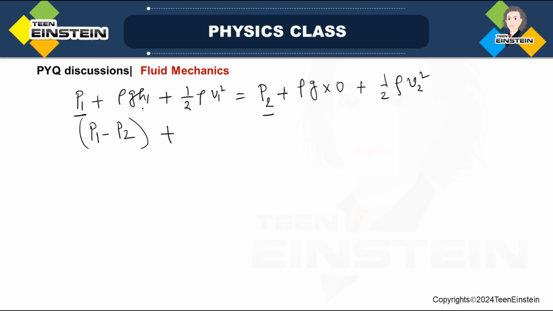And see, this is rho g h1. This is there, and here I can write half rho into v1 square minus v2 square.